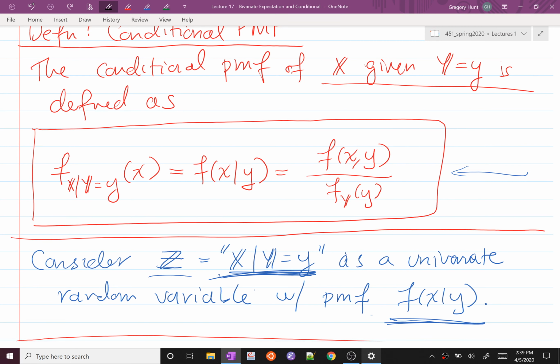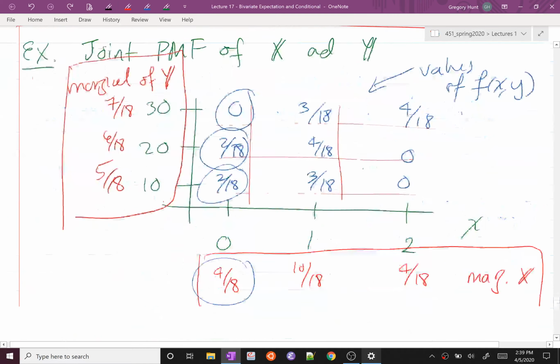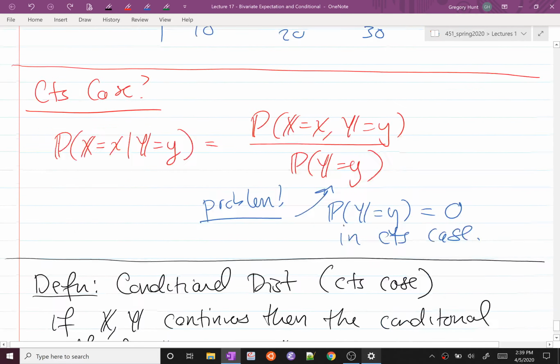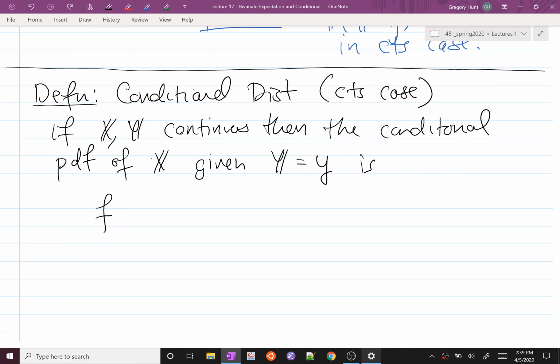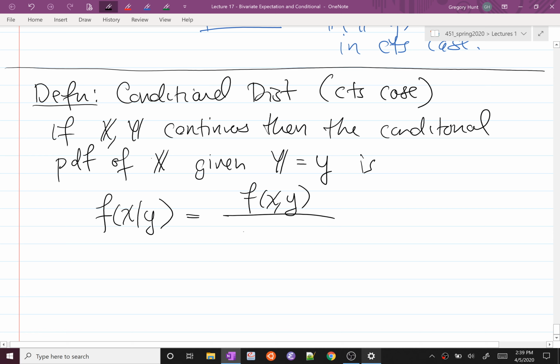In the continuous case, we just replace the PMFs with the PDFs. So we fudge it, and we can say that the conditional PDF of x given y, f of x given y, is the joint PDF over the marginal PDF.